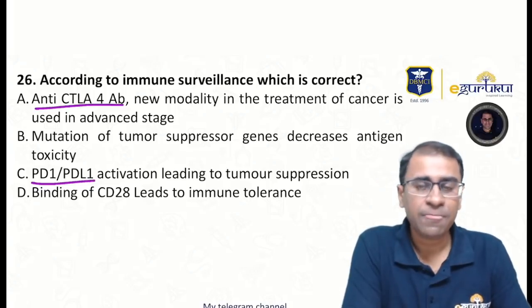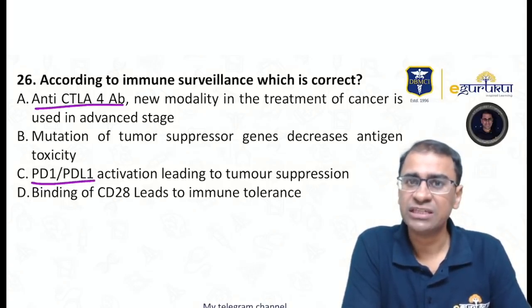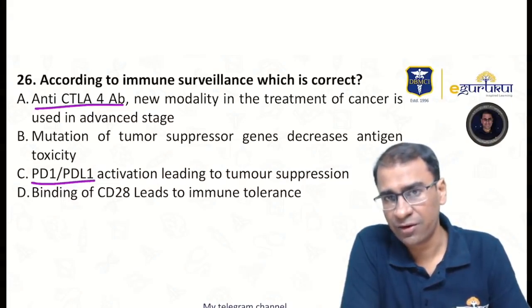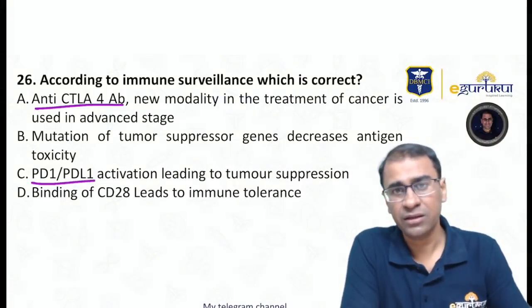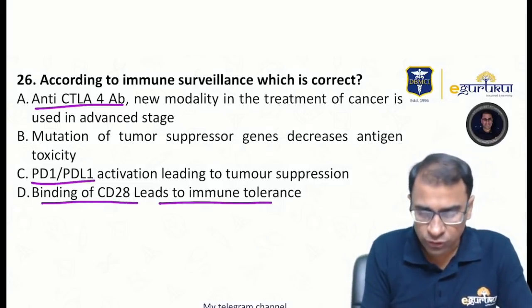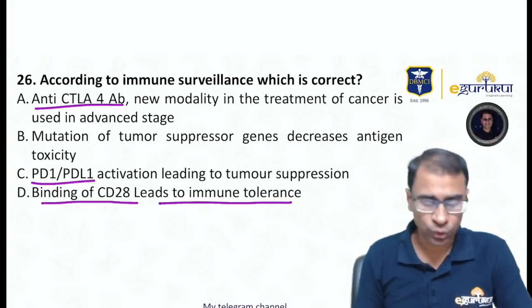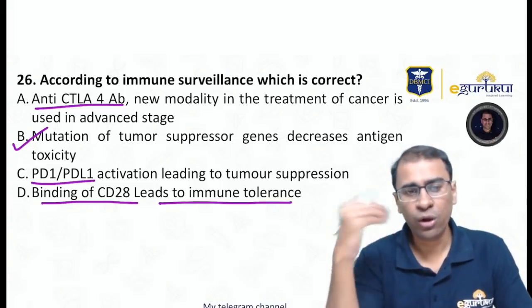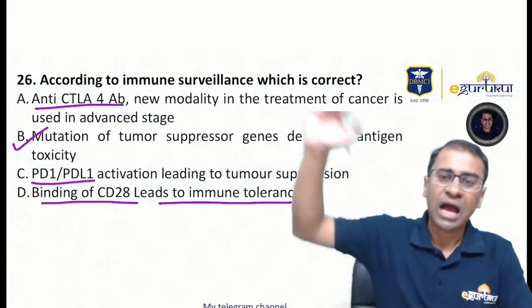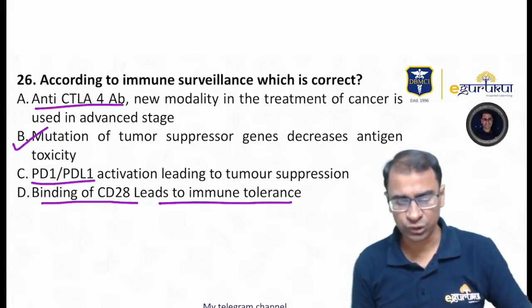So basically, if you are giving an antibody to CTLA4 or giving an antibody to PD receptors, you're basically inhibiting the tumors. But see, binding of B7 to CD28 also leads to immune tolerance. So the answer is B, because you all know that mutation of the tumor cellular genes has nothing to do with the antigen toxicity.